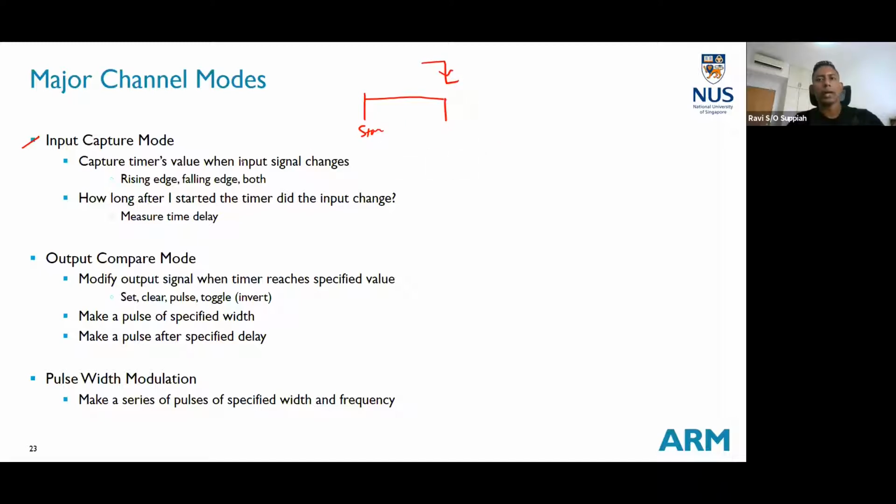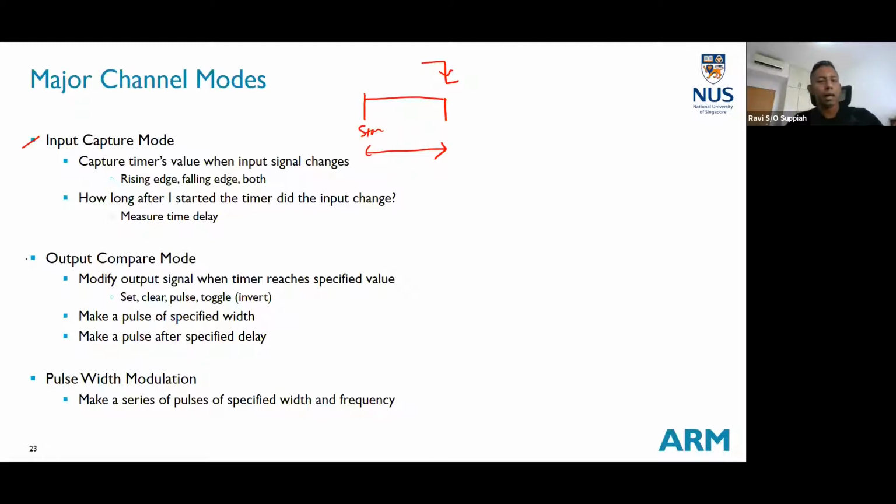If I am configuring the timer in input capture mode, the value in the register will be indicative of how much time has elapsed from the time I started the timer to when the event has occurred. So if I want to capture some time duration between some edge and another event, then I can use input capture mode.